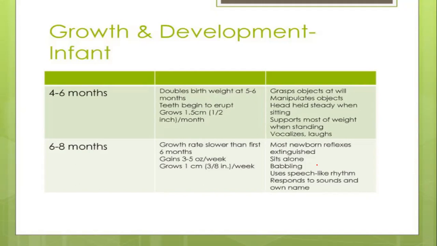Does anybody know what the first teeth to erupt are? Incisors. You remember what we already talked about? We already talked about the names of each kind of teeth. The first one would be the incisor teeth, between 4 to 6 months.